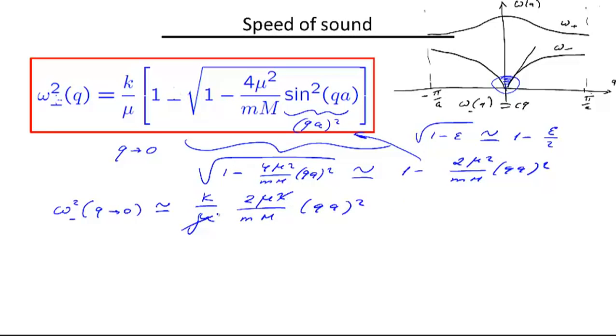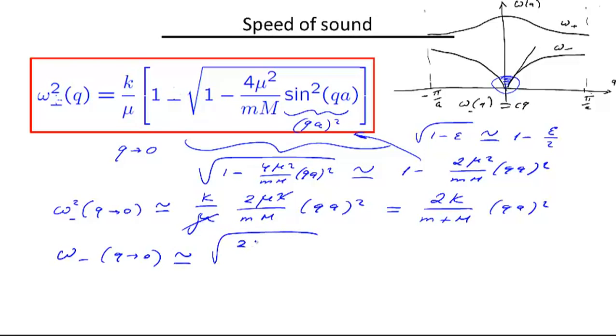Or we can cancel these guys, and, simply recalling the definition of the reduced mass, we have 2 times the stiffness divided by the sum of the 2 masses, qa squared. Or if we finally take the square root of this expression, we get omega minus in the q to 0 limit approximately equal to the square root of 2k a squared over M plus m, times q. And this is our speed of sound.